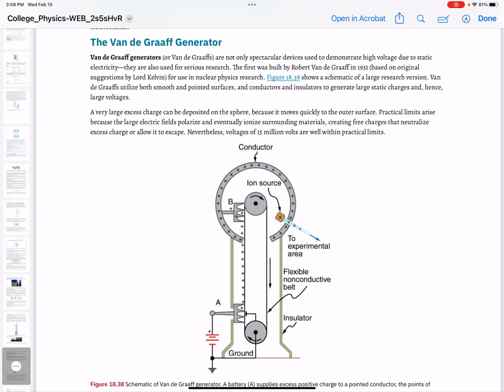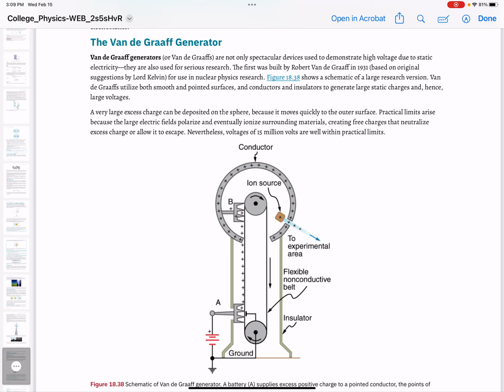So here we have an ion source, a positive ion source. We've got our conductor that is full of positive charges, or minus a lot of electrons. If we generate ions at this source and push them through this hole, there's no E field inside this conducting sphere. So all you have to do is shoot them to a point where they get outside of the sphere, and then the electric field takes over.